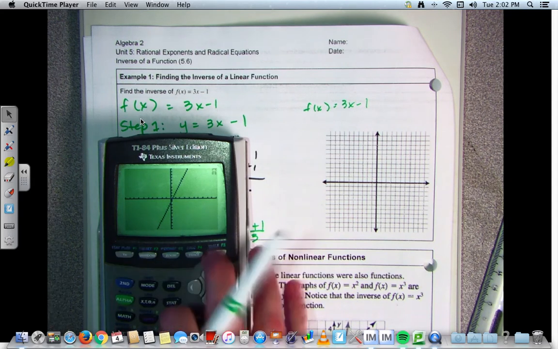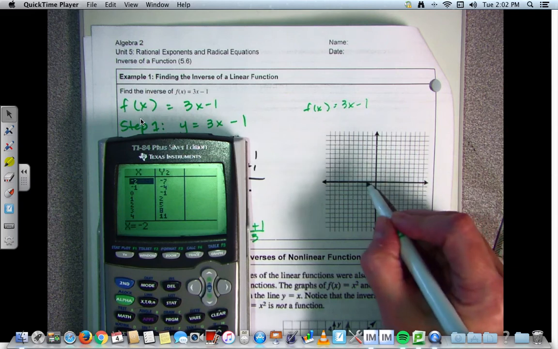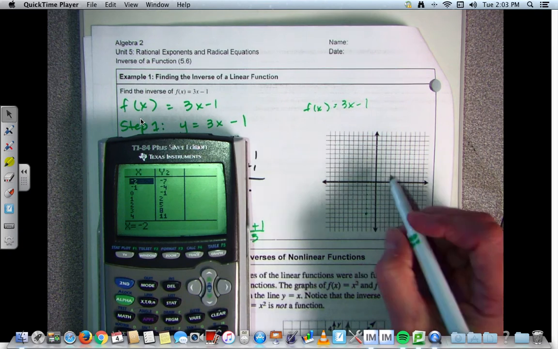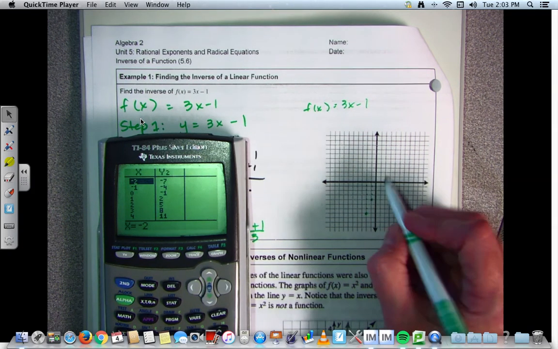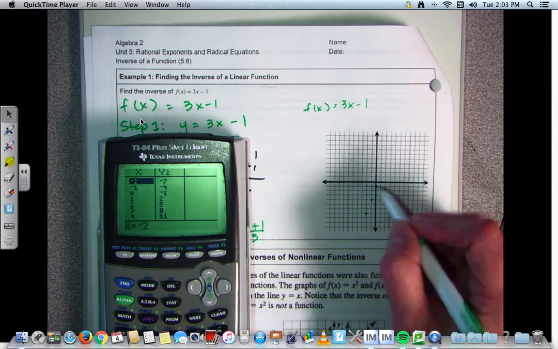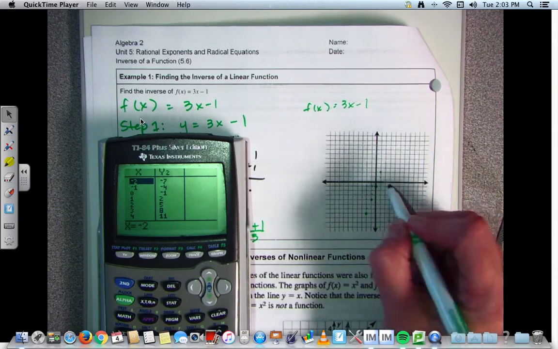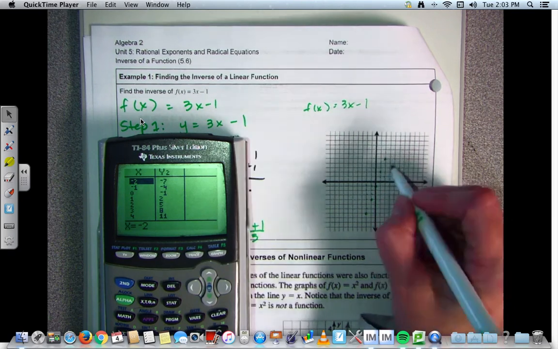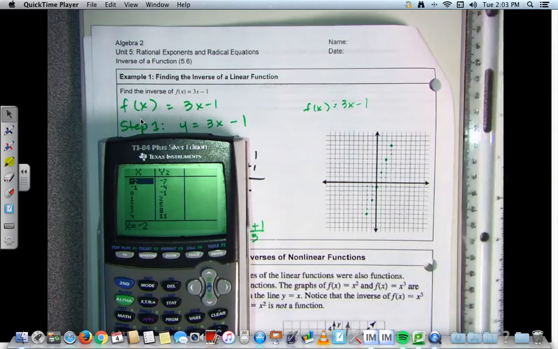We can double check what values we have. So we have -2 and -7, -1 and -4, 0 and -1, 1 and 2, 2 and 5, 3 and 8. So there is our 3x minus 1.